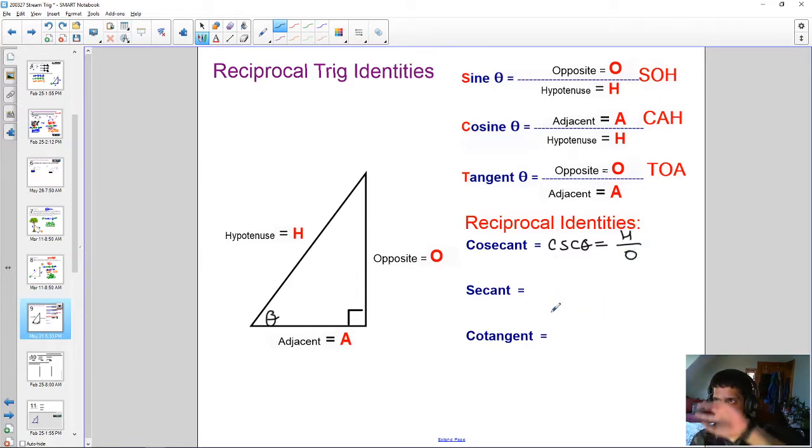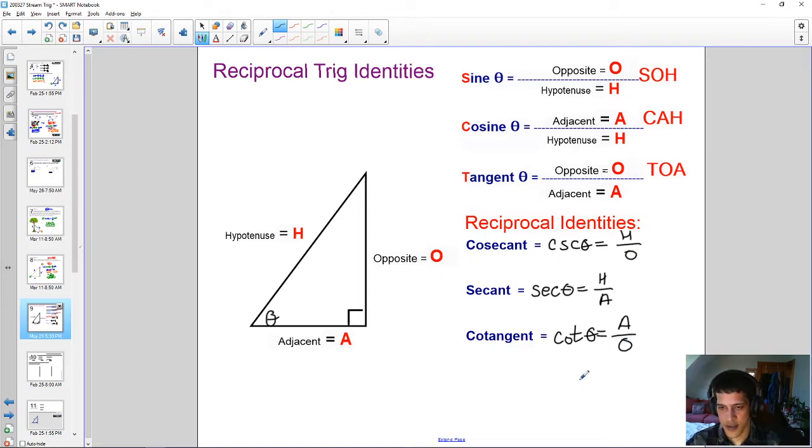We just flip the fraction. Secant, we write out as sec theta, and this is the reciprocal of cosine. Secant theta is equal to hypotenuse divided by adjacent, h over a. And then cotangent is going to be the reciprocal of tangent. We write cotangent as cot theta, and that's going to be equal to a divided by o.